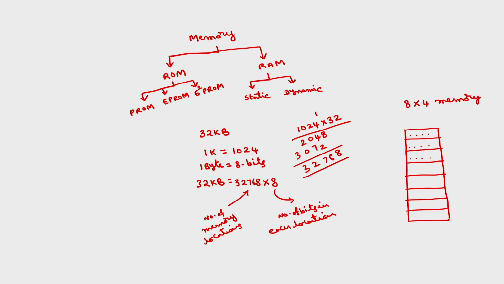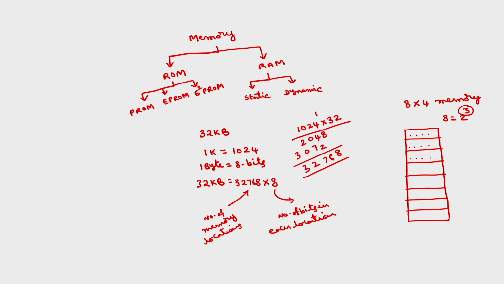So, there are a total of 8 locations. To number the 8 locations, how many bits are required? This 8 you have to represent as a power of 2, 2 cube. So, 3 bits are required to address each location. Normally all memories will have the number of locations as a power of 2.